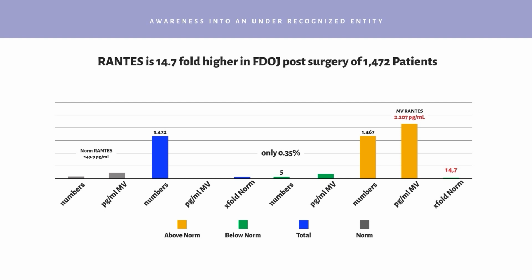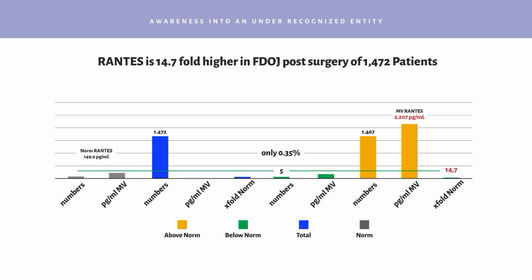We did this analysis in 1,421 patients, and only 5 of these 1,421 had in their FDOJ analysis a RANTES expression below 150 picograms per milliliter. This is only 0.35% of our FDOJ surgeries that had normal or below normal RANTES expression.